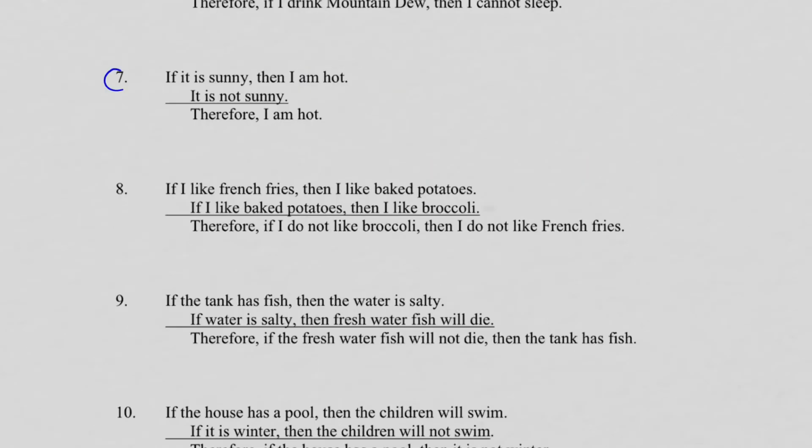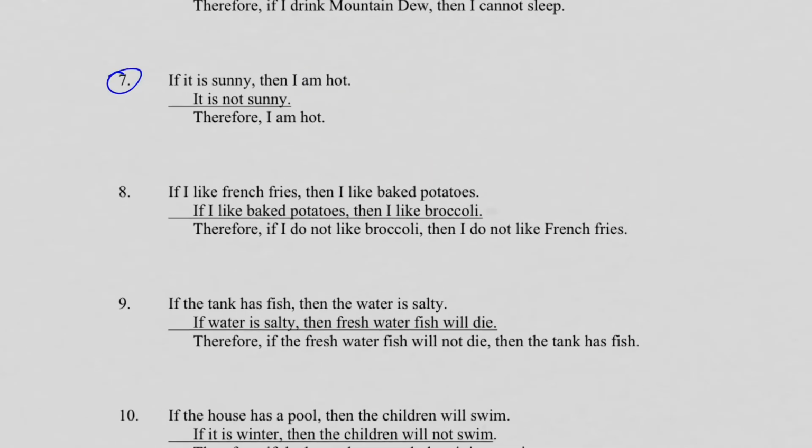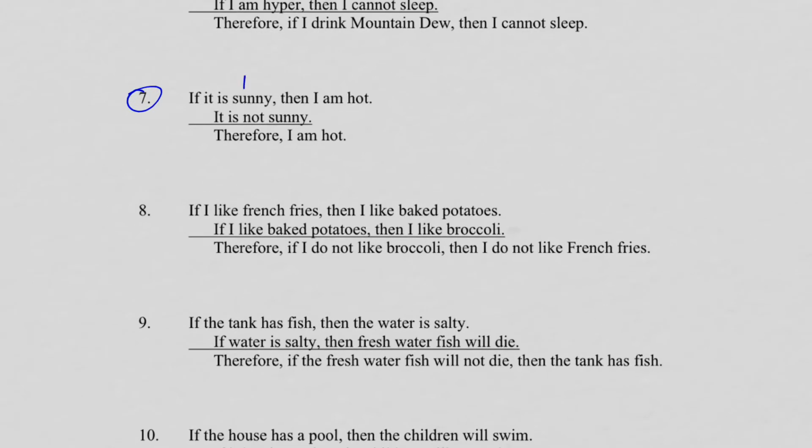Okay, let's take a look at 7. If it is sunny, then I am hot. It is not sunny. That's a negation of P. Therefore, I am hot, sorry.